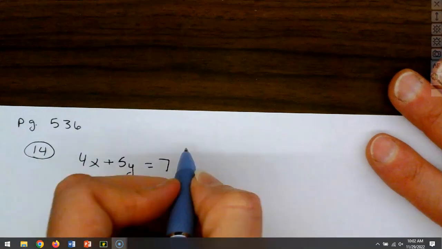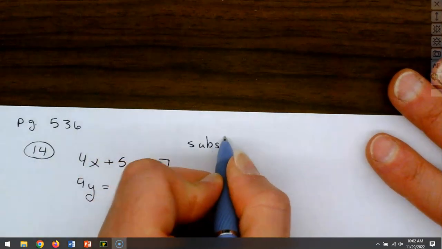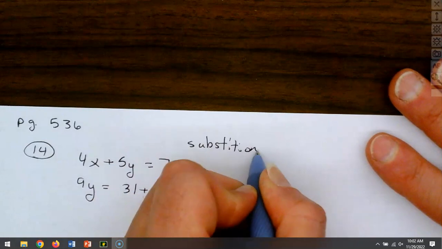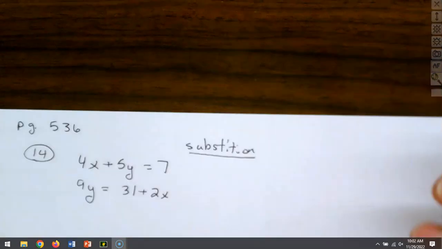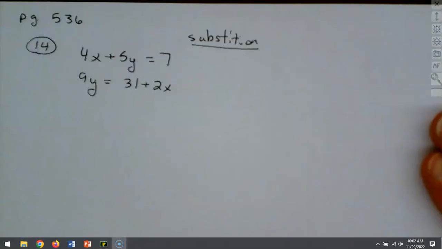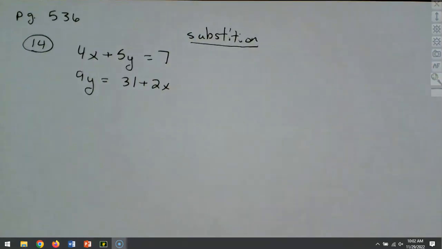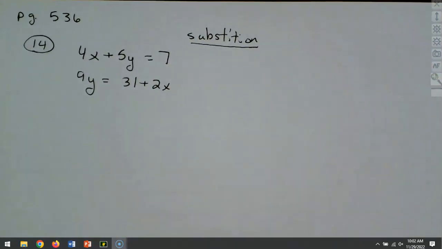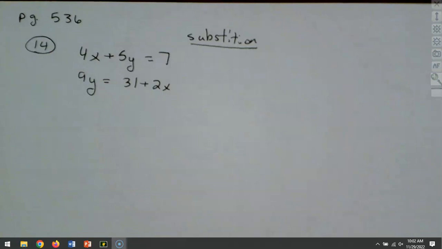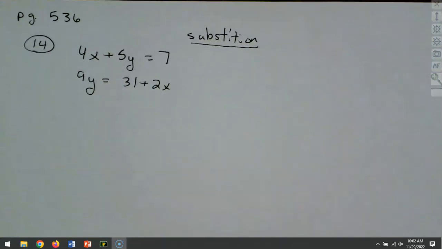And we're going to use substitution. Now, whatever method you use, whether it be substitution or elimination, you want to look at these and try to do it as easy as possible. Right? You want to avoid fractions. Sometimes they're inevitable. You want to avoid extra steps.